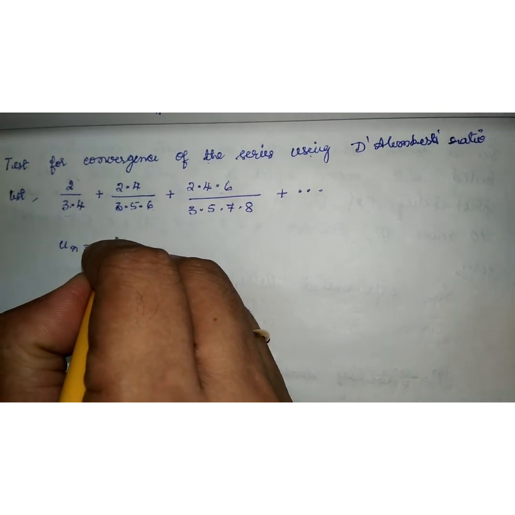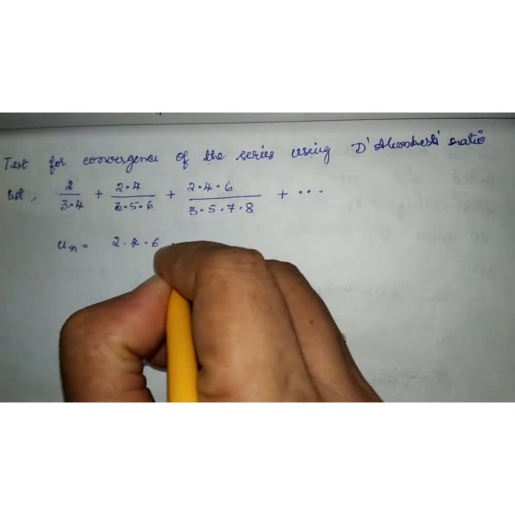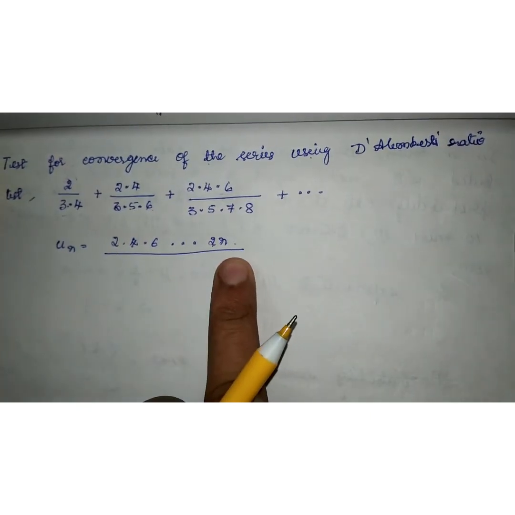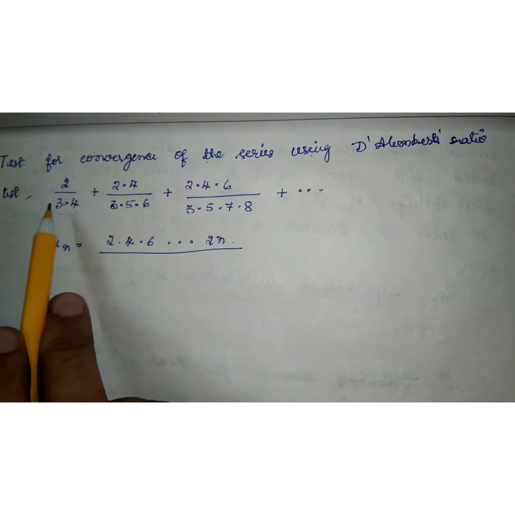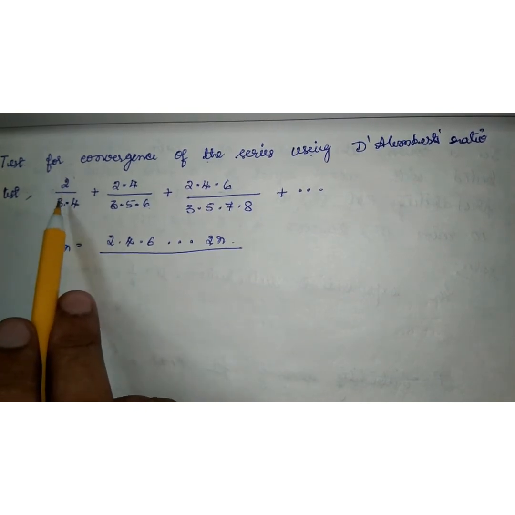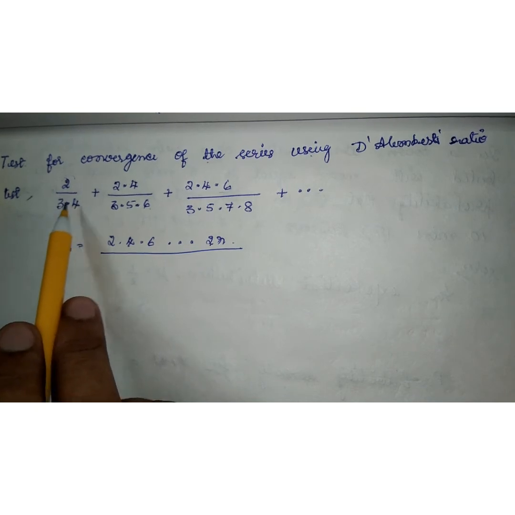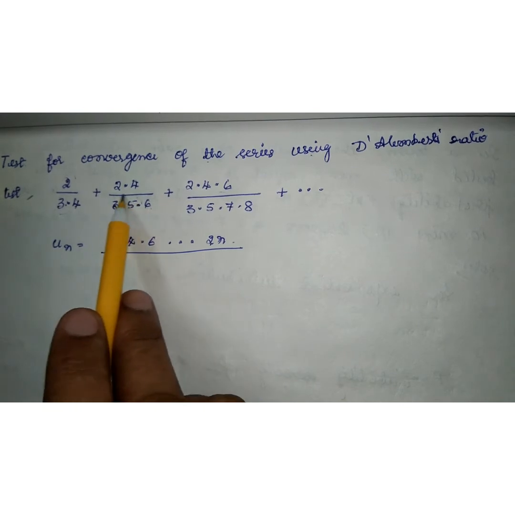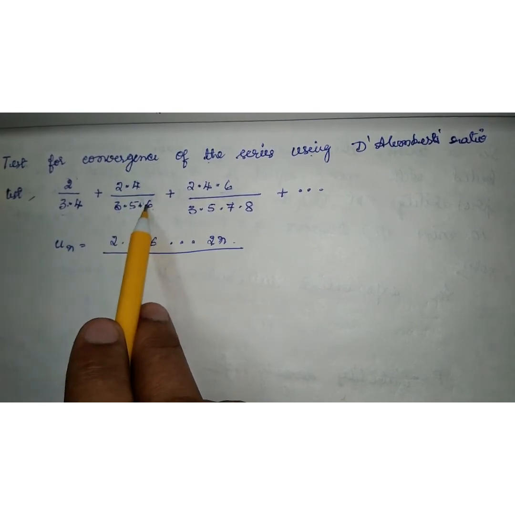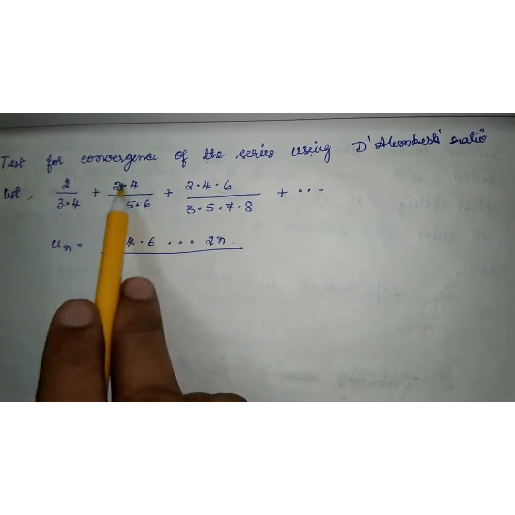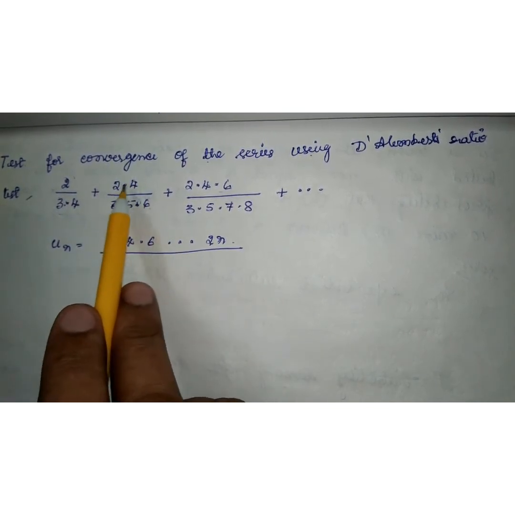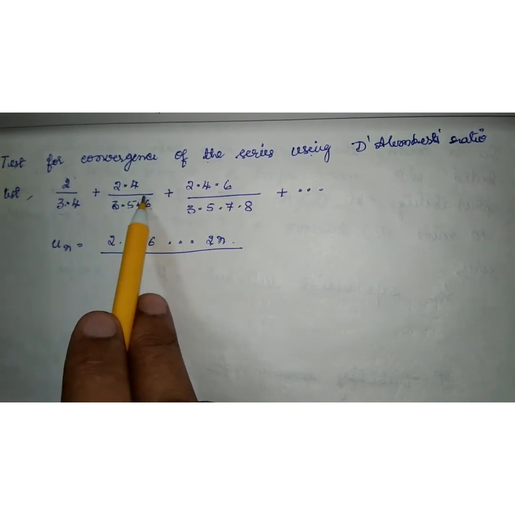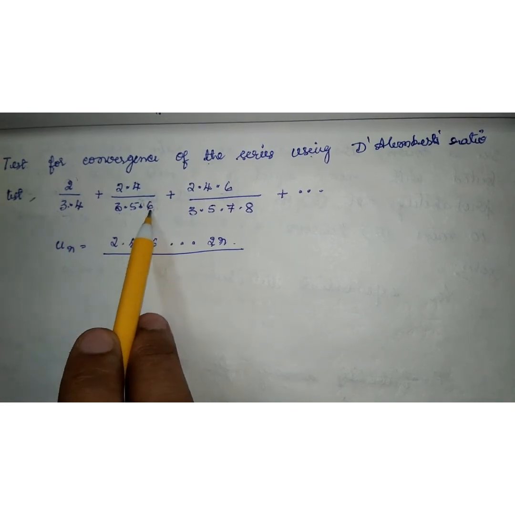So I can write the numerator of the nth term as 2 into 4 into 6 into etcetera up to 2n. What about the denominator? In the first term, it is the first odd number into the next even number. In the second term, the first two odd numbers and the next number. You can compare it with the numerator: if 4 is the last number in the numerator, then the next even number is taken in the denominator.